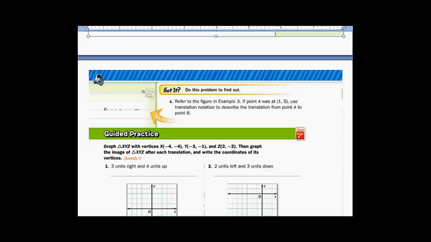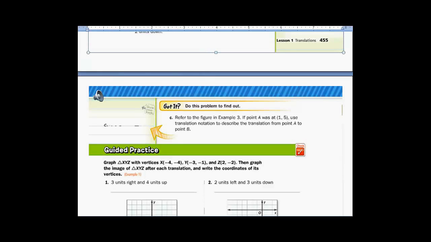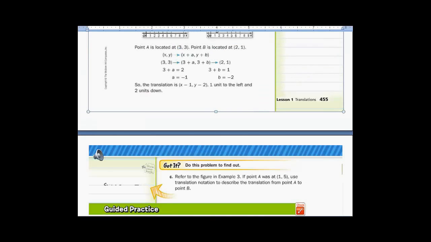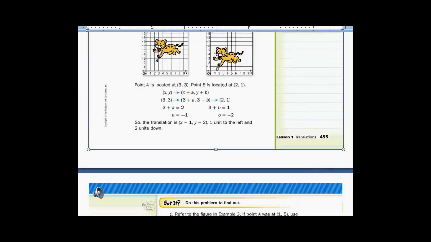All right, if we're looking at translation notation, it says refer to figure in example 3. If point A was at 1, 5, point A, let's just say it used to be at 1, 5. So let's go back up here. And it's saying that point A used to be at 1, 5.